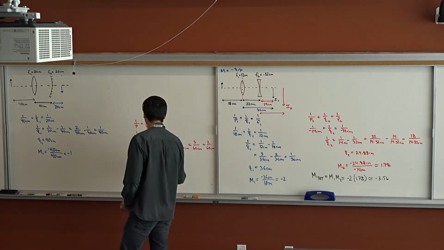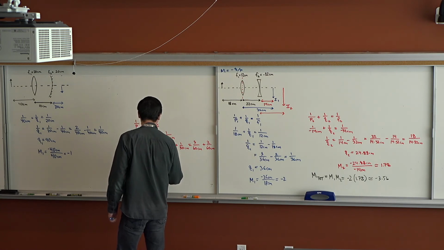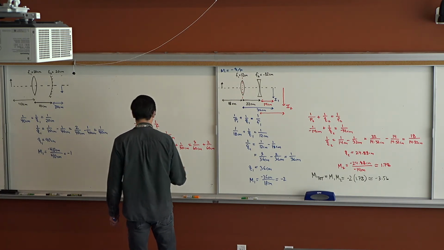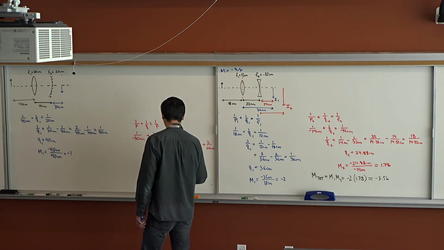So then M is going to be minus 12 centimeters over minus 30 centimeters. Let's see, divide both by 6, it's 2/5. Is that right? Okay.